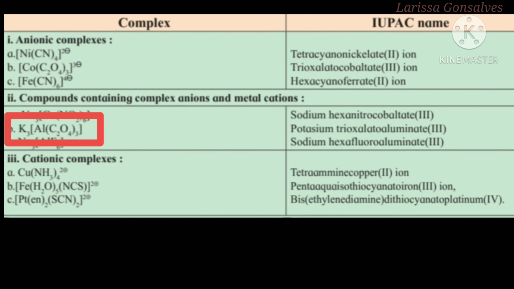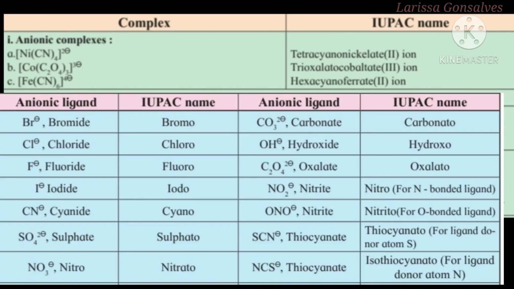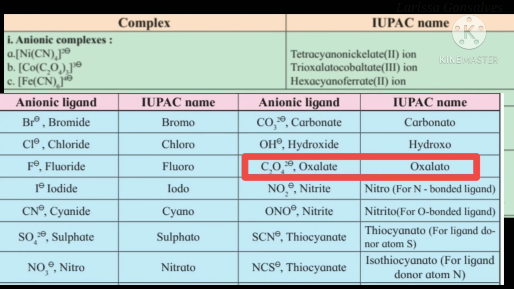Let's move on to the second example. Here we have K3 outside the coordination sphere, so we are not going to write that as tripotassium or something like that. It is a counter ion, so even after ionization it will be 3 times K plus, so we are going to just mention it as potassium. So potassium tri, we have the ligand as oxalate, so it will be written as oxalato.